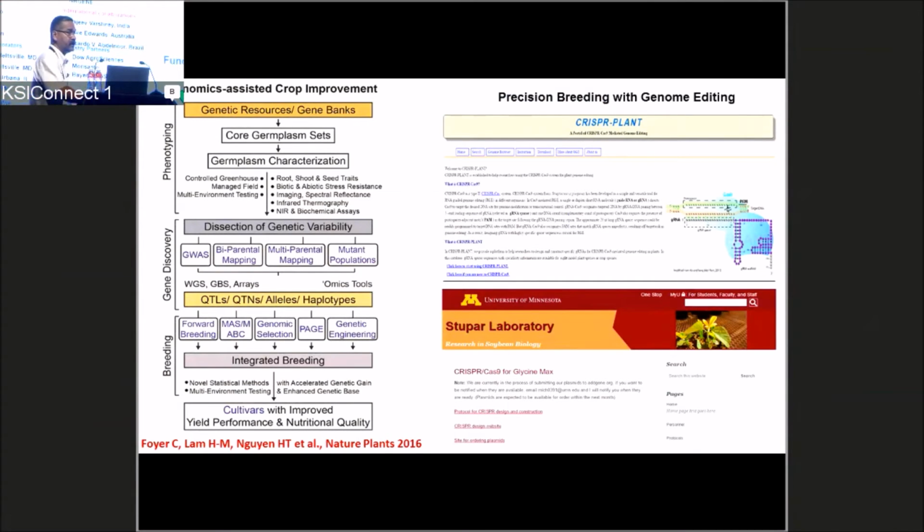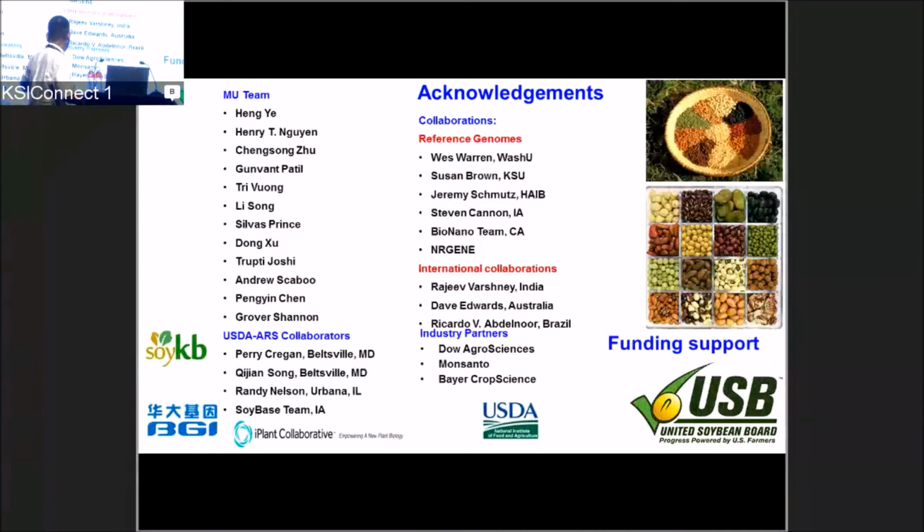This is a huge project. This is our team at the University of Missouri, and we have collaboration with the USDA ARS, and all the genome work was done with BGI, NRGene, and BioNano. We have a collaboration with Rajiv here and Dave in Australia, who is putting together all the 1,200 genomes to get the pan-genomes of wild and cultivated soybean, and also looking at all the alleles.